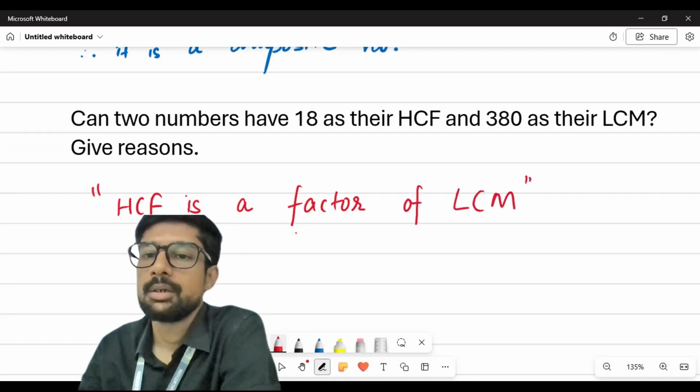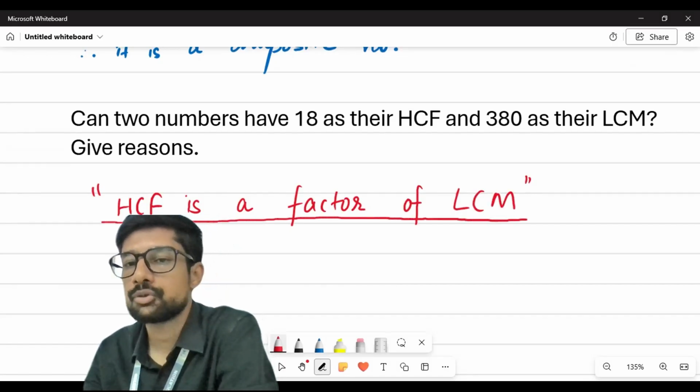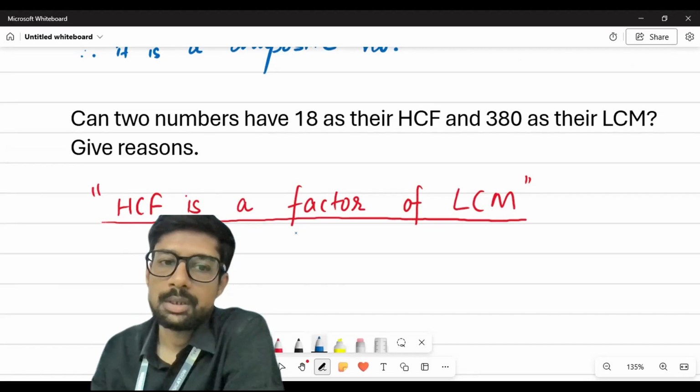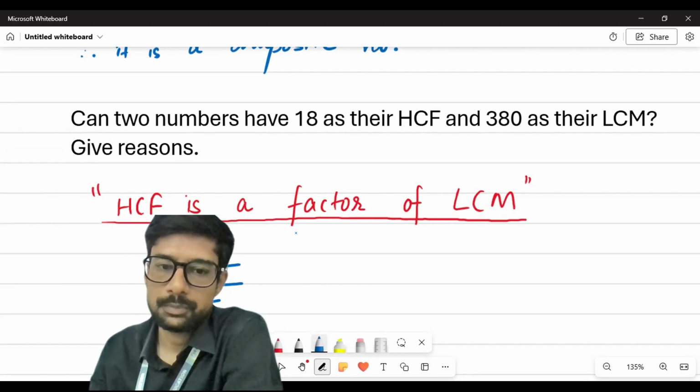HCF जो है वो हमेशा LCM का फैक्टर होता है, यानी उसको डिवाइड करना चाहिए. जब हमने LCM को HCF से डिवाइड करने का ट्राई किया तो इट वोंट. लेट्स चेक.